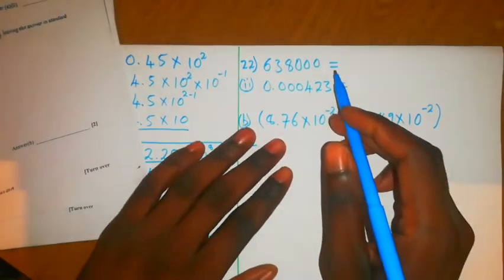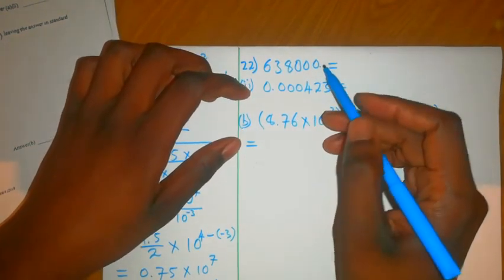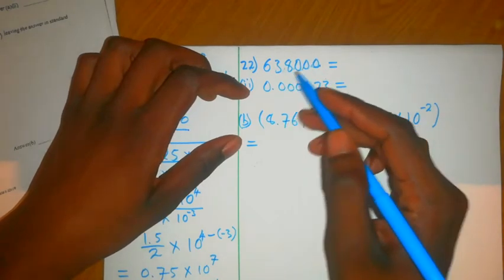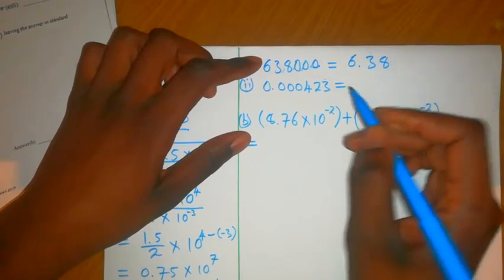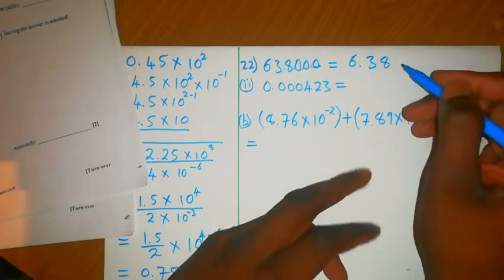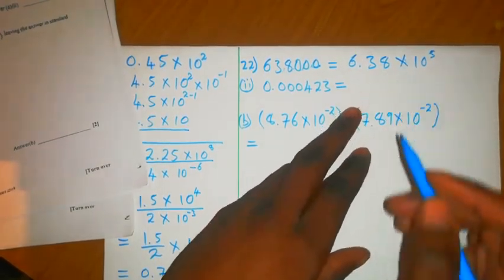In this case, there is the first question. That one is a normal number. We assume the comma is here. So it's going to move 1, 2, 3, 4, 5 times. So that's 6.38. We are going to ignore those zeros because they are going to be indicated by our index there, times 10 to the power 5. That is our first answer.